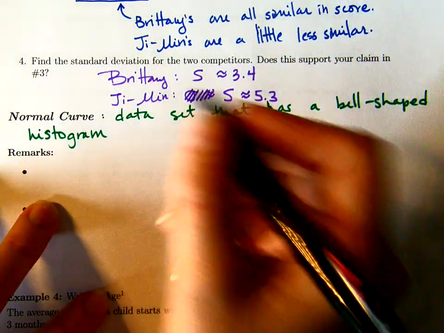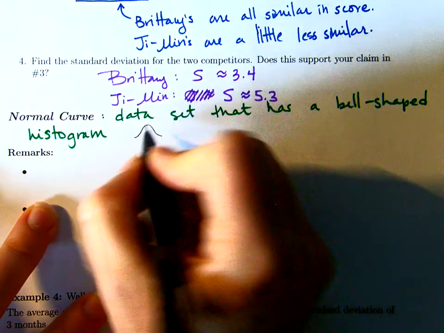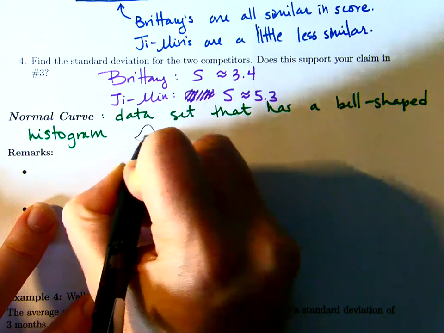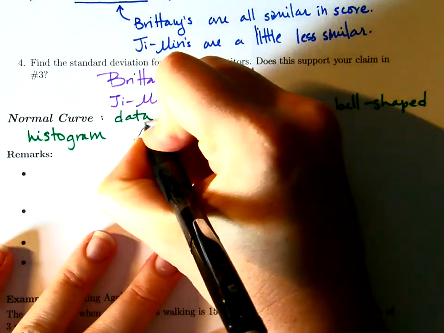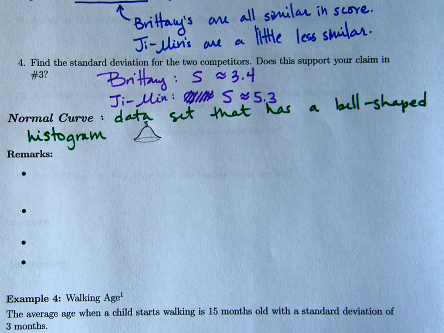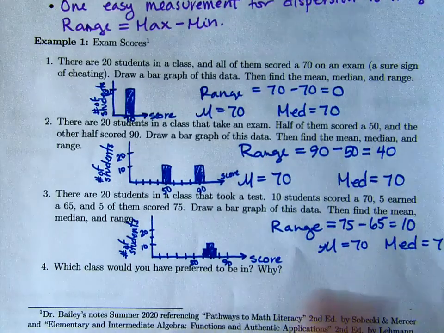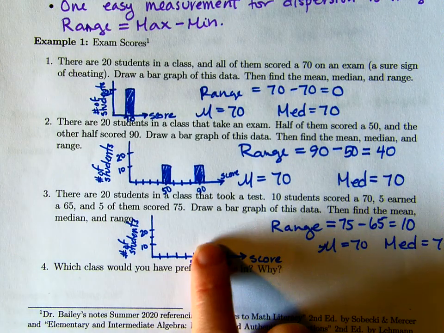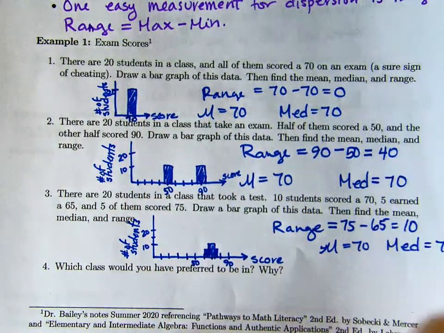And notice here, when they say a data set that has a bell-shaped histogram, they're thinking a bell, right? Like, can I draw? Yeah? Like a bell? Like ding ding. So they're thinking, okay, this is the closest thing to bell-shaped. Definitely more than those, yeah?